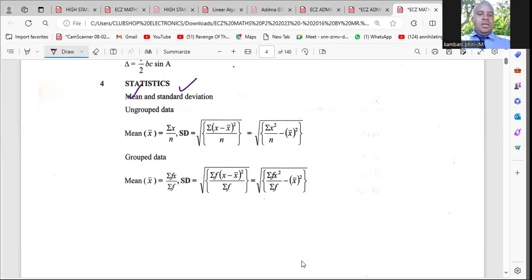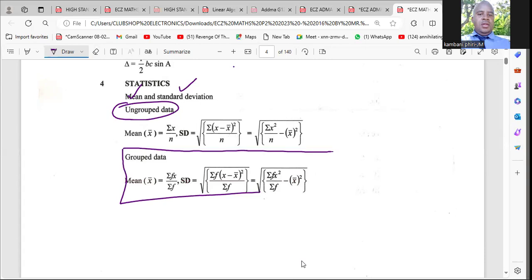We can group the data, but for what we want to do, it is grouped data. You always deal with grouped data, right? Because we have tables. So tables mean that we are dealing with grouped data. This is what we are supposed to do.